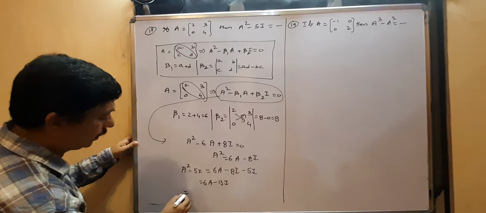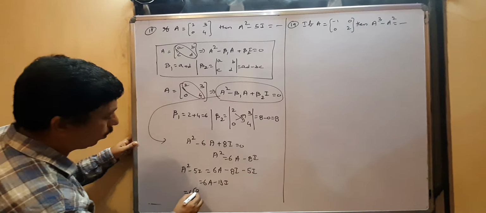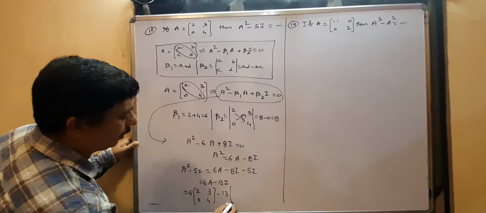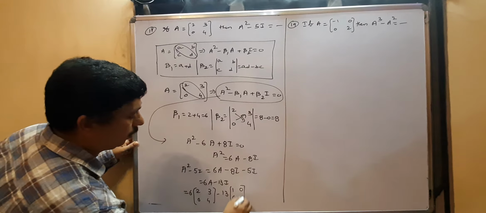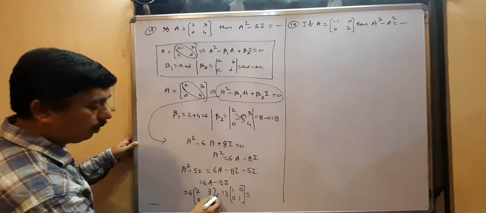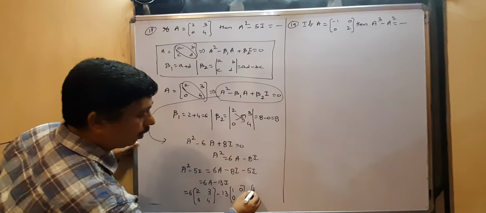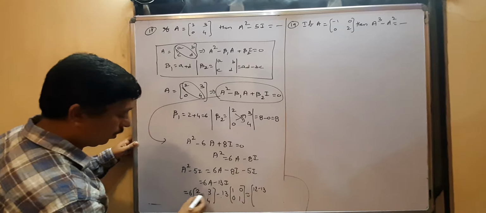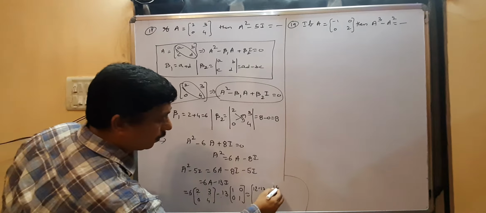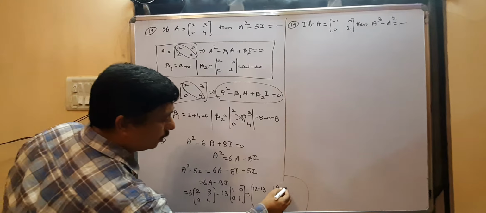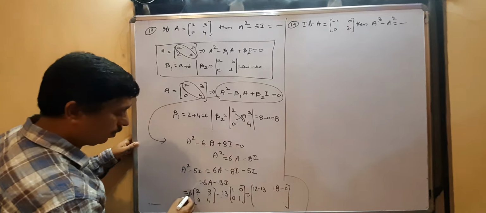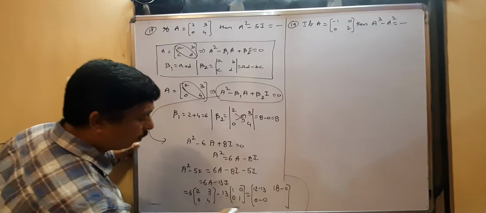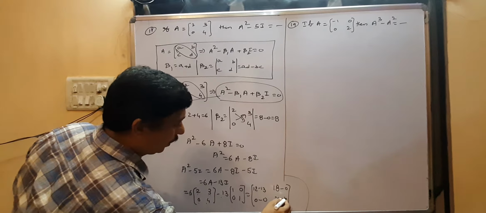6 into the matrix A, which is given as 2, 3, 0, 4, minus 13 into the I matrix, which is 1, 0, 0, 1. 6 times 2 is 12, minus 13 into 1, 12 minus 13. Directly I am writing: 6 times 3 is 18, minus 13 into 0 is 0. 6 times 0 is 0, minus 0. 6 times 4 is 24 minus 13.